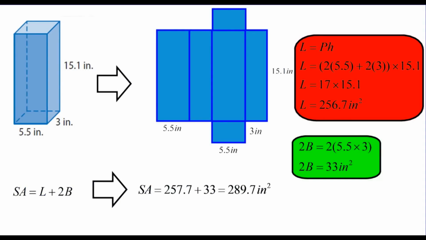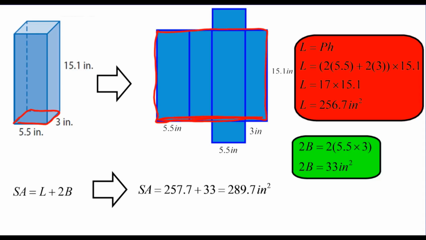So here's an example of a rectangular prism, and then I went ahead and unfolded it to show you the net here. And so in red, I'm going to be calculating this lateral surface area here, all of these rectangle sides. So I'm trying to find the area of this big rectangle here. So I need to know the base and I need to know the height. So the base of this rectangle right here is going to be the perimeter of the base of my prism.